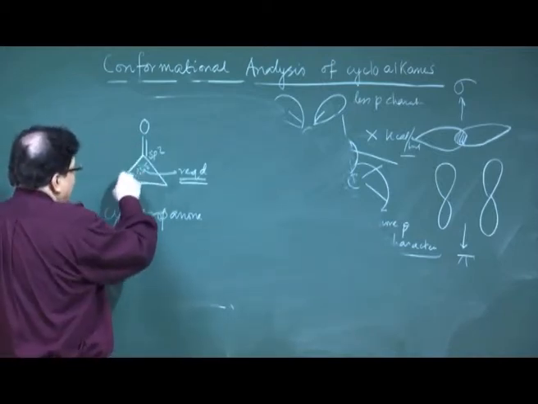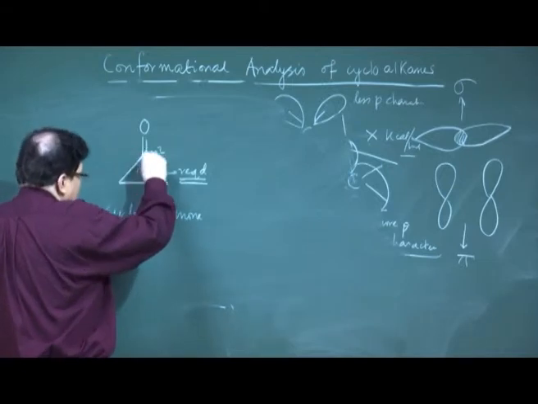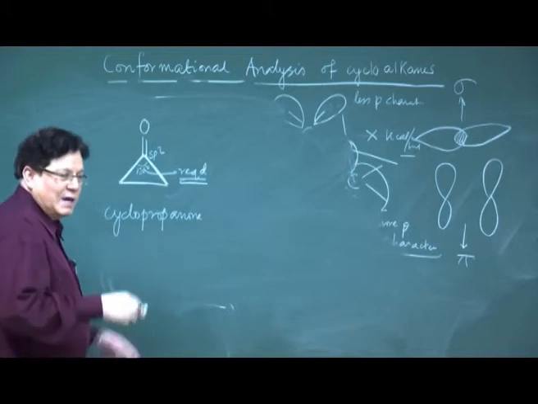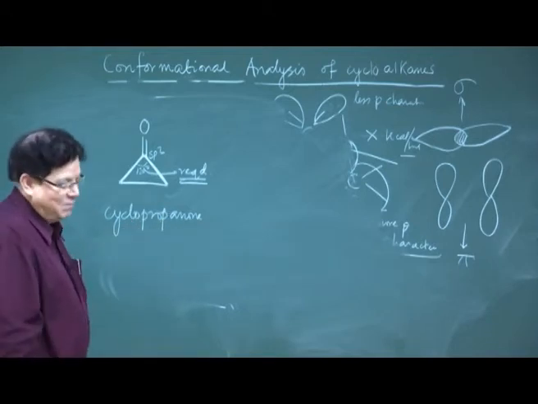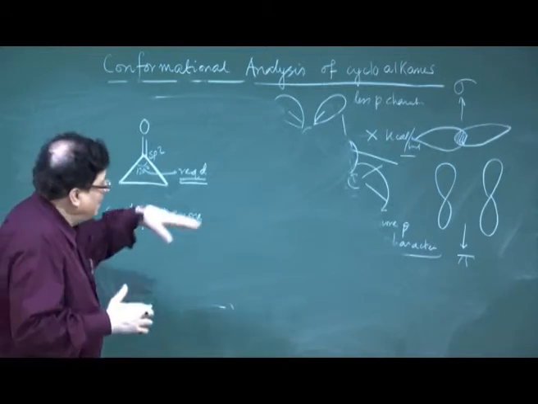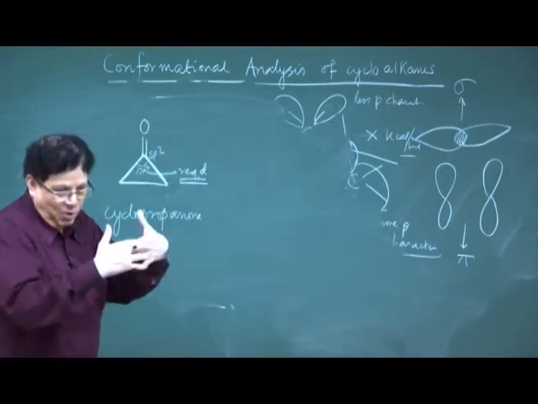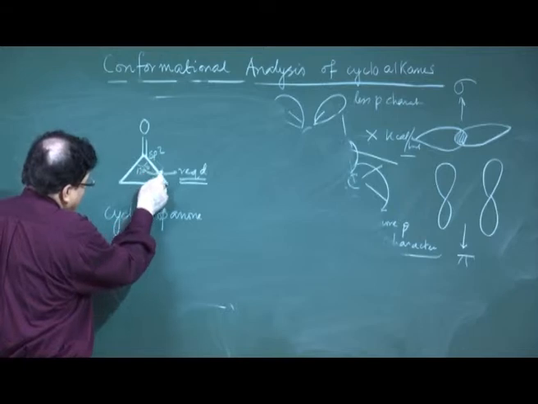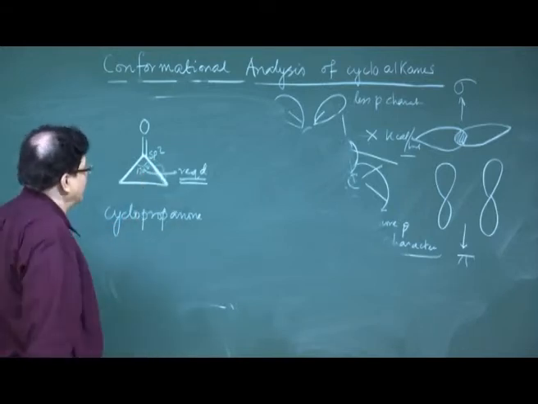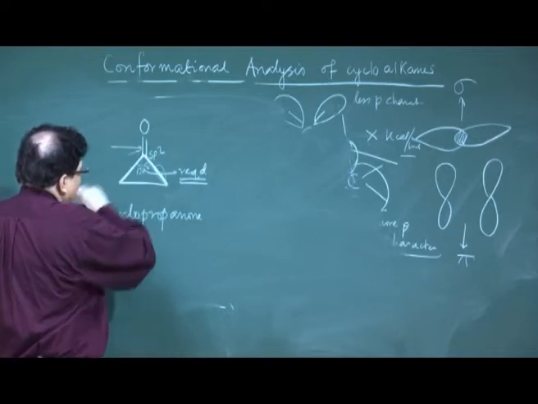So, again what will happen, the percentage of p character in these two bonds will be increased, so that the angle strain is minimized, or the other way, the bond strength is more, so that the overlap is more when the orbitals approach each other. So, there will be more p character here, and more s character on these bonds.